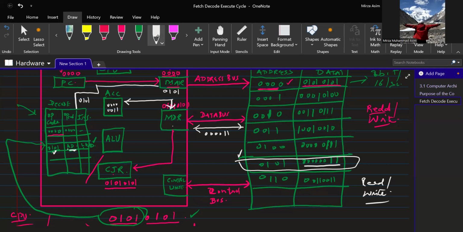This is a complete cycle, right? Here, how the buses are involved in this cycle and how the data instruction is decoded, right? So there is only one example I told you about: load the data from memory to accumulator register.